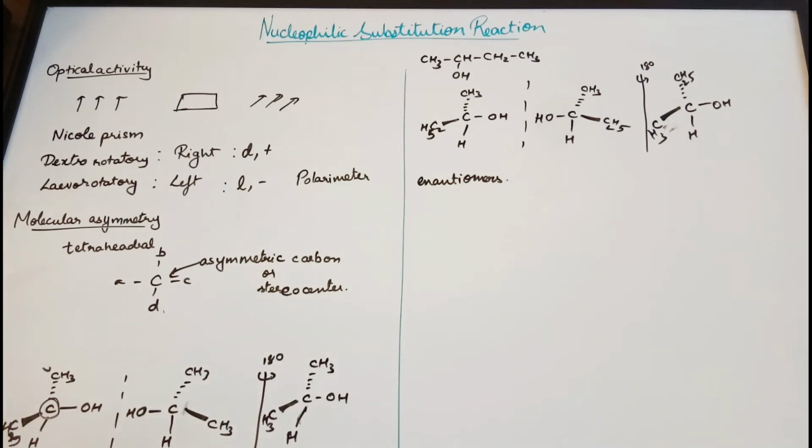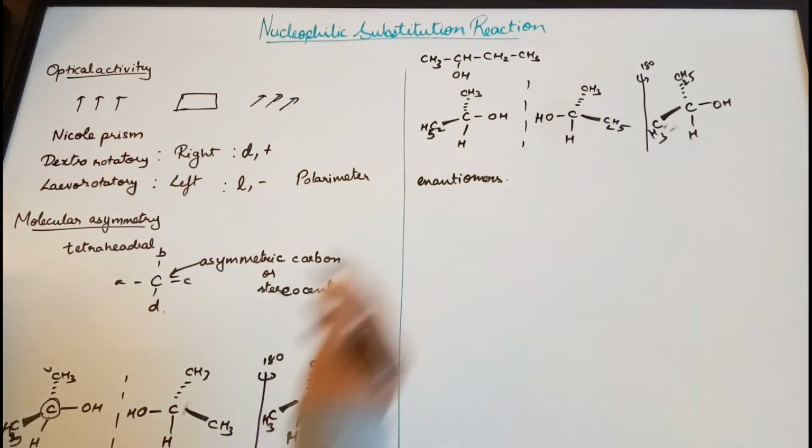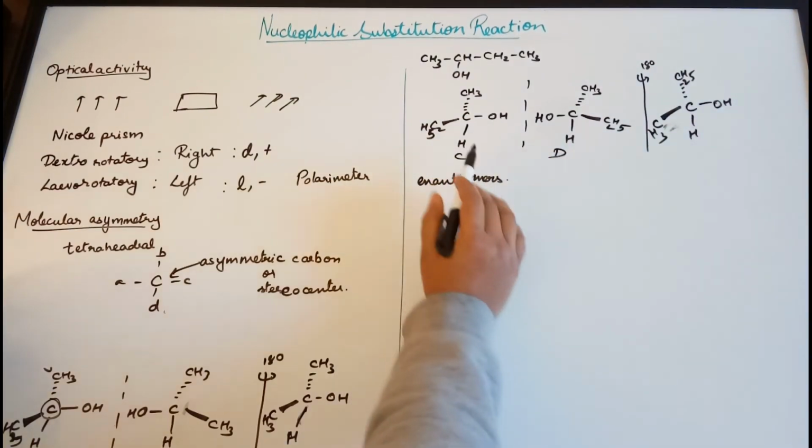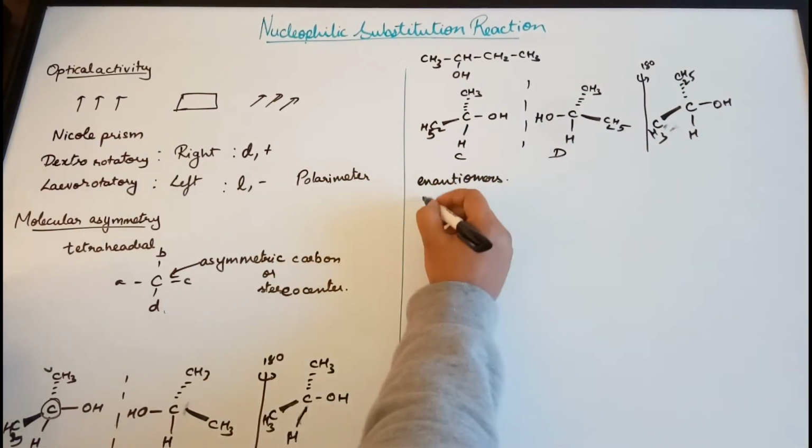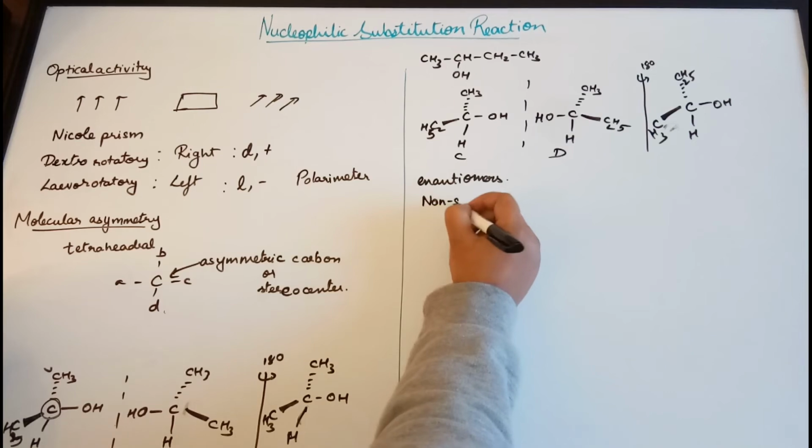An example of that is this and this. These two are enantiomers. These are non-superimposable mirror images, okay? And these two are also enantiomers. So they are non-superimposable mirror images.